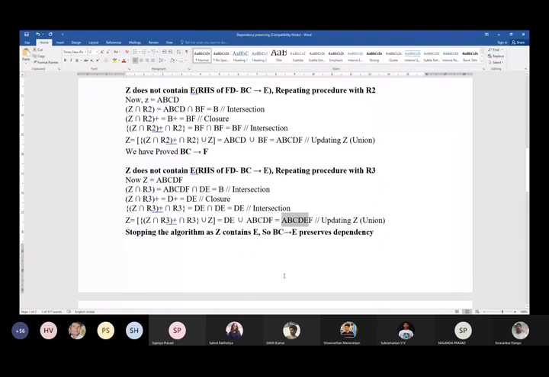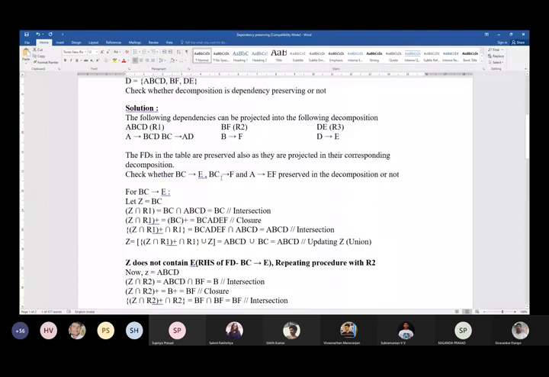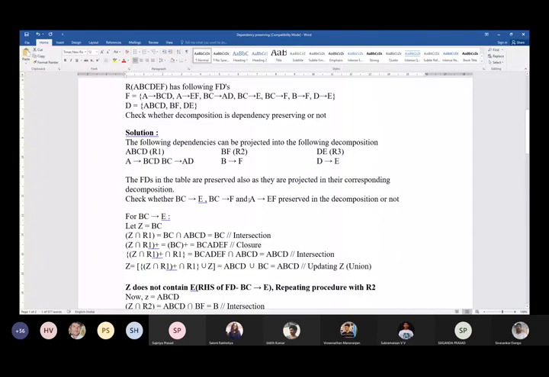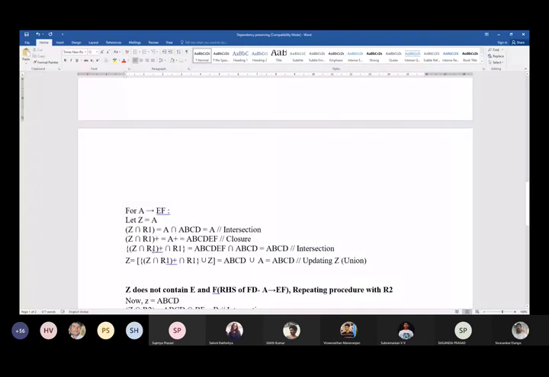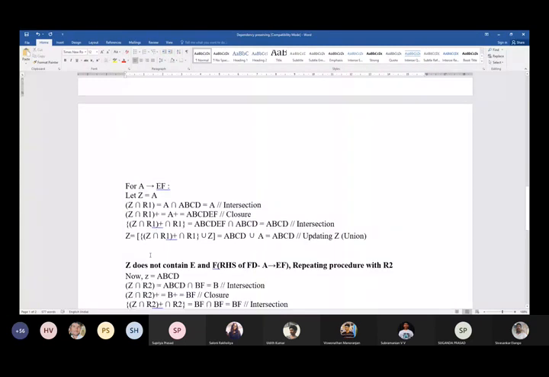Now you are going to take the next dependency, A determines EF. So you are going to store A in the variable Z. Again, you are going to find Z intersection R1, Z intersection R1 closure, Z intersection R1 closure intersection R1, Z intersection R1 closure intersection R1 union Z, right?